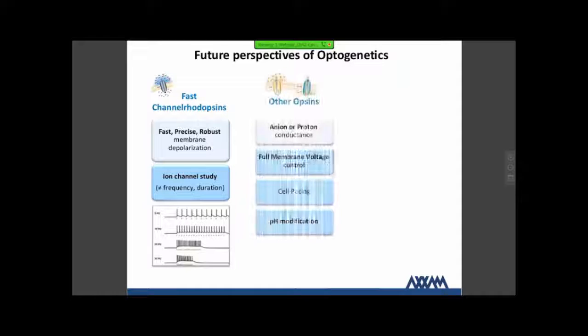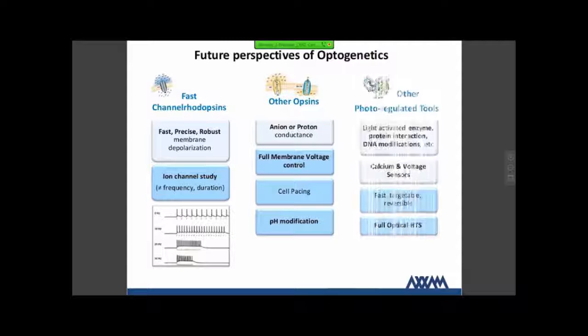Another possible application would be, for example, the use of some of the other options, anion or proton conducting, to obtain really full control of the membrane voltage, or, for example, also to induce pH modifications in the cells.